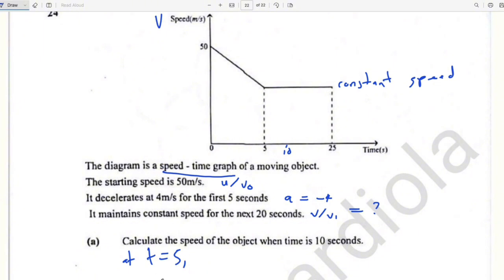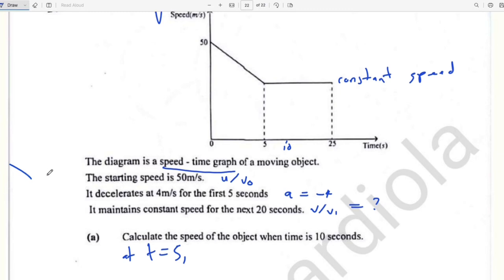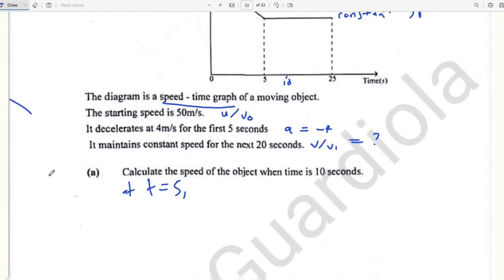t is equal to 5. Then we also write down the other values which we have. Acceleration equals minus 4. V1 we do not know, but V0 or U, the initial velocity, is equal to 50.